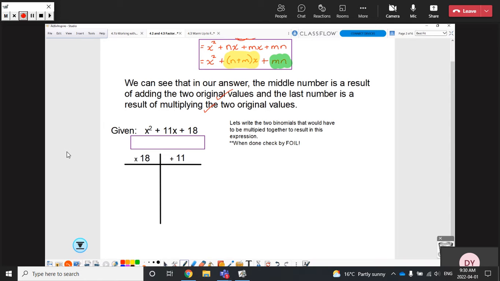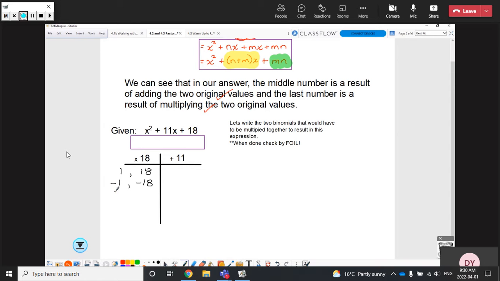So what I'm going to do in this column, you probably already know the answer, but what I'm going to do in this column is write down all of the factors of 18. So for example, 1 times 18 is 18. In fact, -1 times -18 equals positive 18. Yeah?